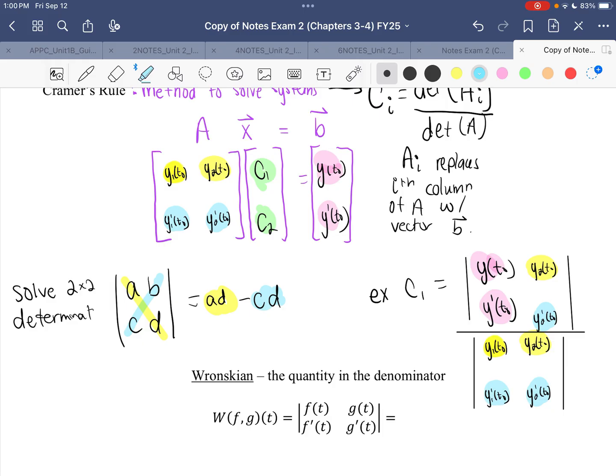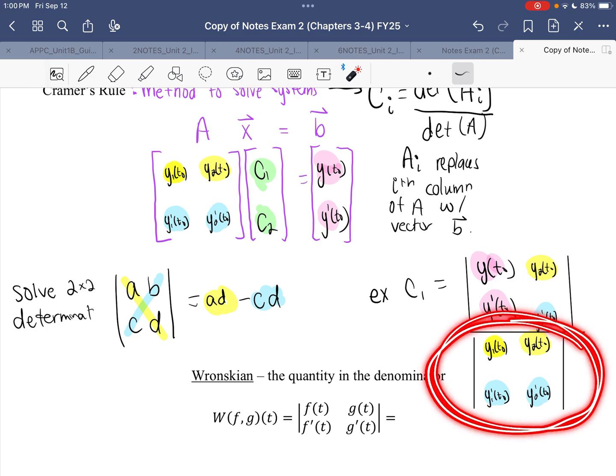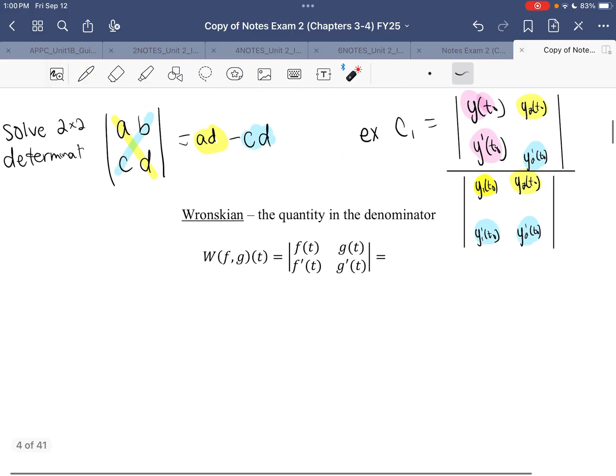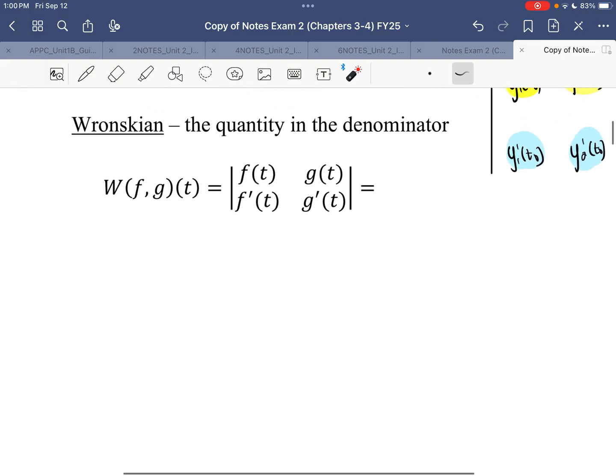So then think about the Wronskian. Well, think about in Cramer's rule, what would make this not be solvable, as if that was equal to zero. So the Wronskian is essentially putting a name to the process we're doing.